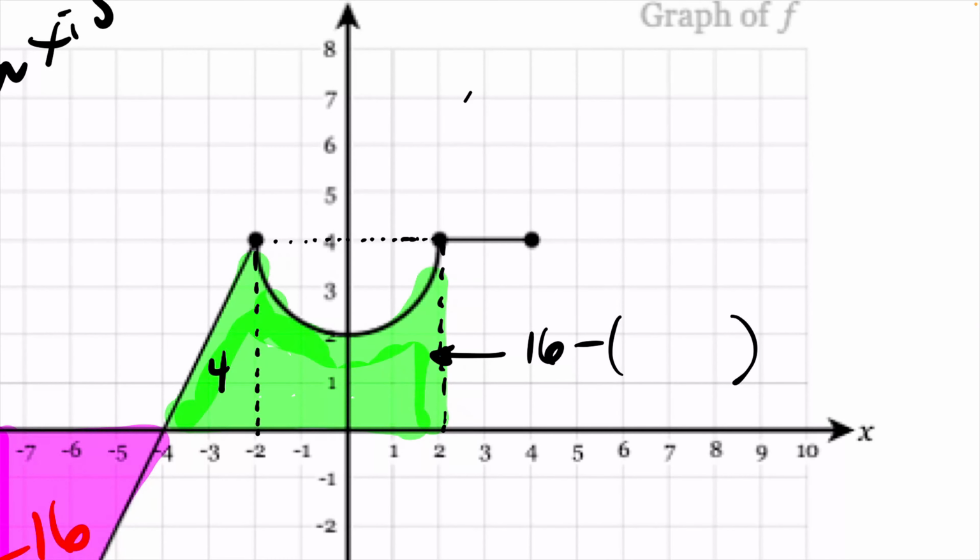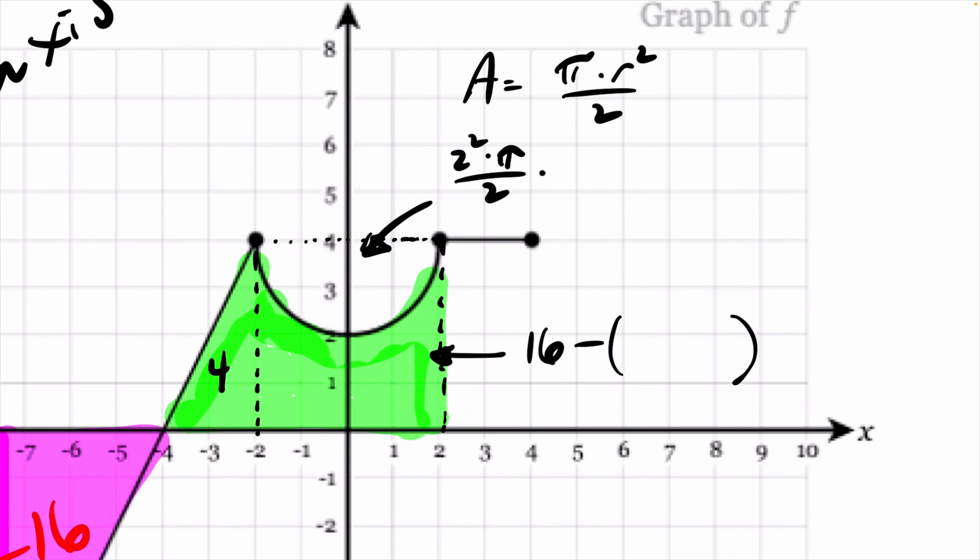Area of a half circle is pi times r squared, divided by 2. This one has an r of 2, so it would be 2 squared pi over 2, which ends up just being 2 pi.